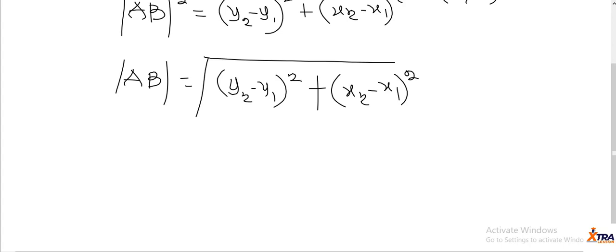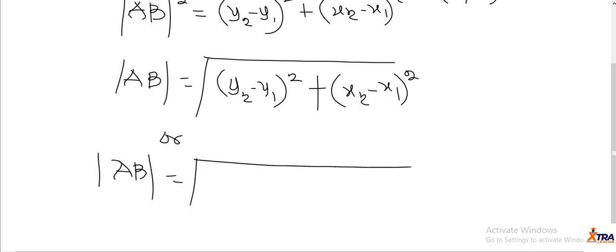So now this is the formula for calculating the distance between 2 points, or you can write it as AB equals to, you can bring x first, doesn't matter, x2 minus x1 all square plus y2 minus y1 all square. So this is the formula for calculating distance between 2 points.